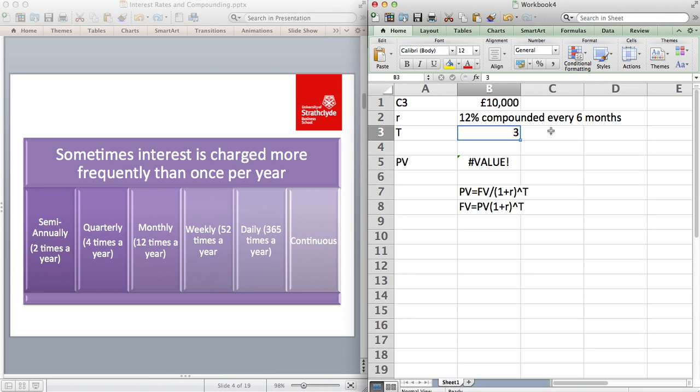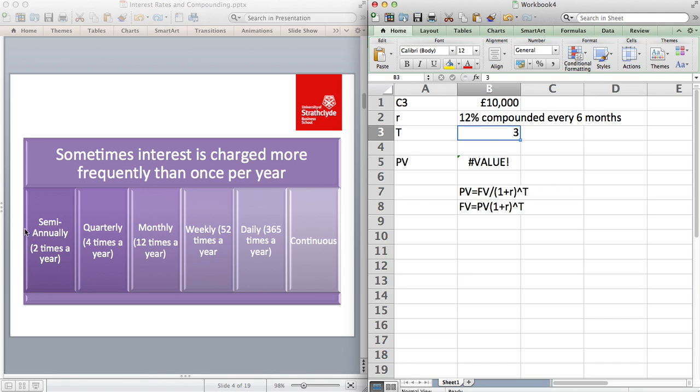We're saying it's 6% every 6 months, because we divide that 12% by the number of periods within the year. So it's 12% divided by 2, because there are two 6-month periods in the year.